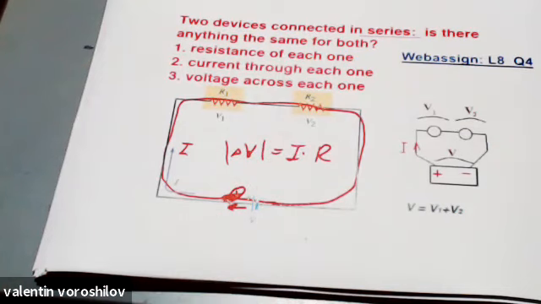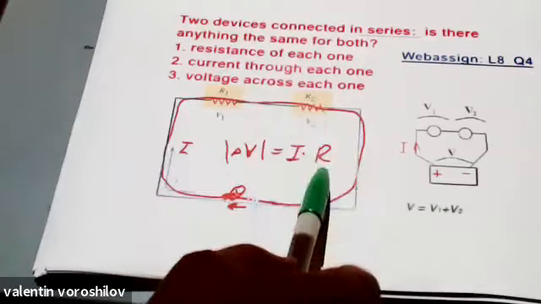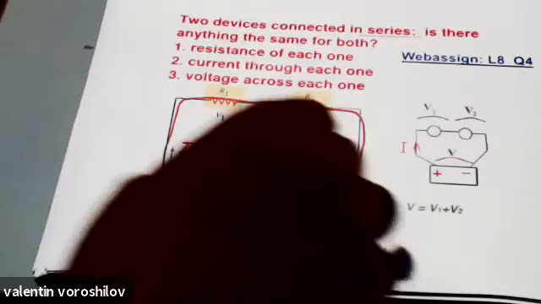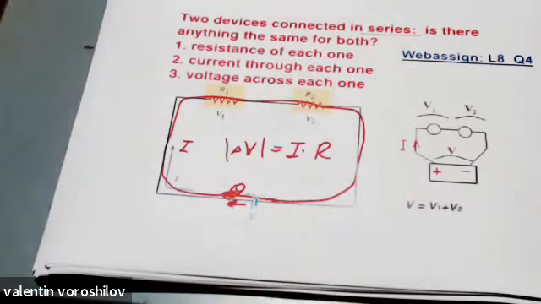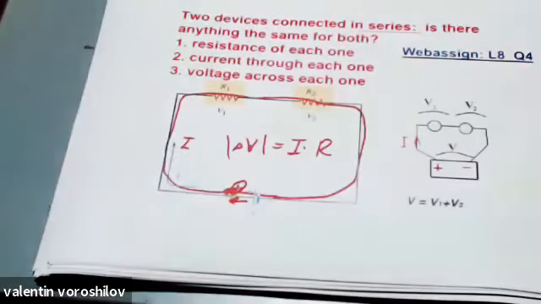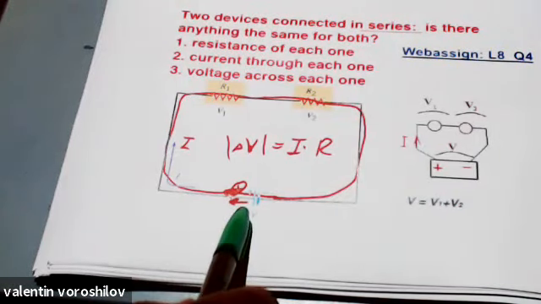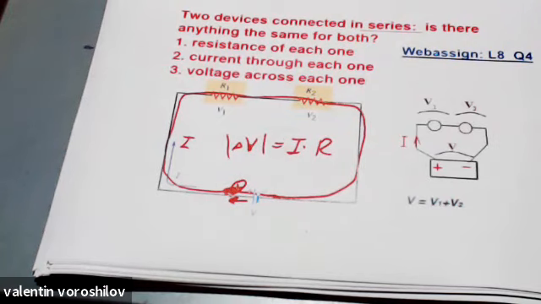R, not a radius, resistance of what? And this is, again, a very important statement. This is the resistance of the element for which you're writing this law. You can write this law for this element. You cannot write this law for the battery because our battery has no resistance.